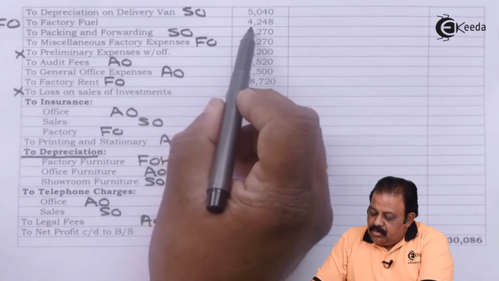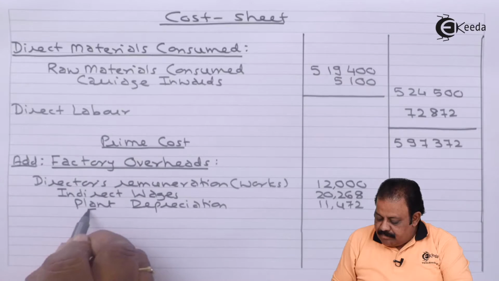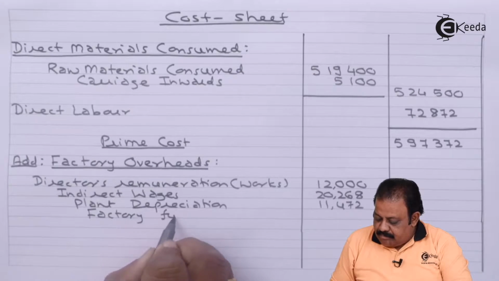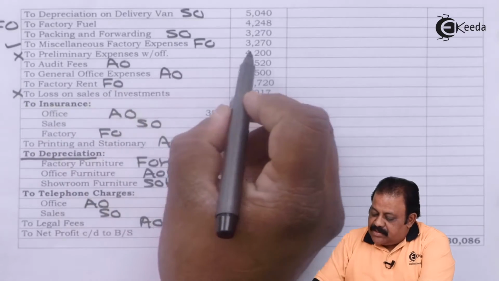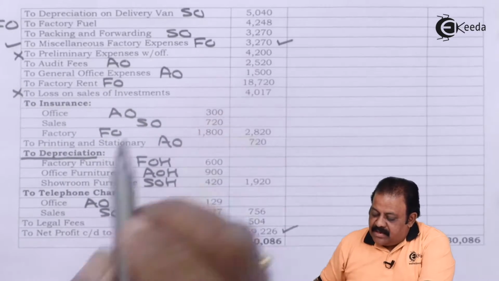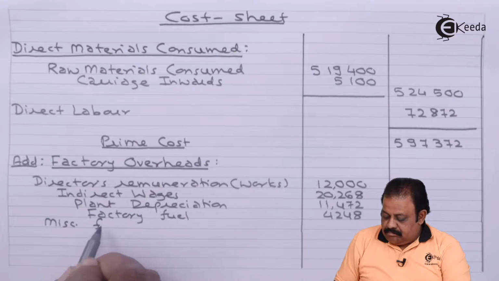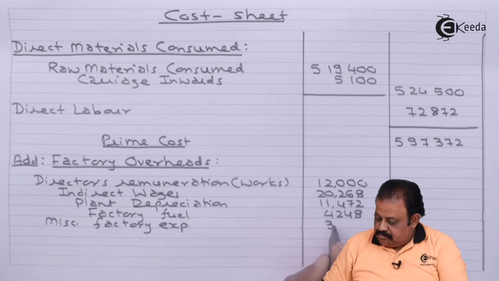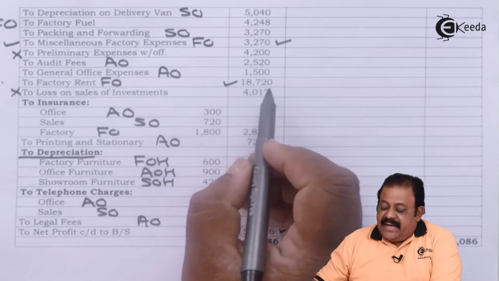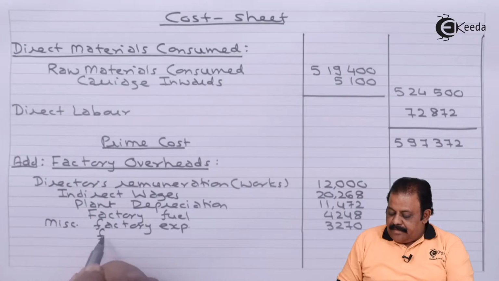Factory fuel 4,248. Miscellaneous factory expenses 3,270. Factory rent 18,720.